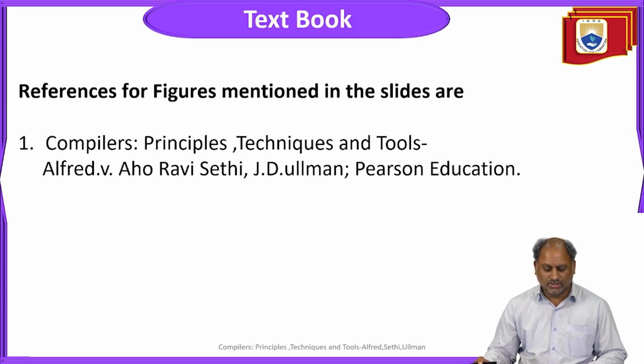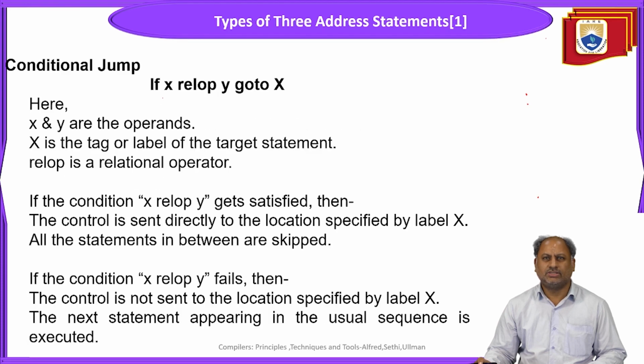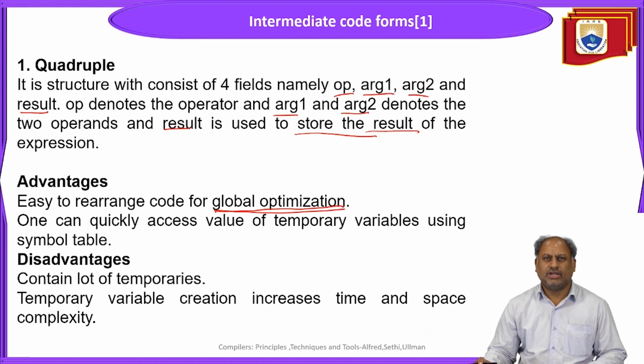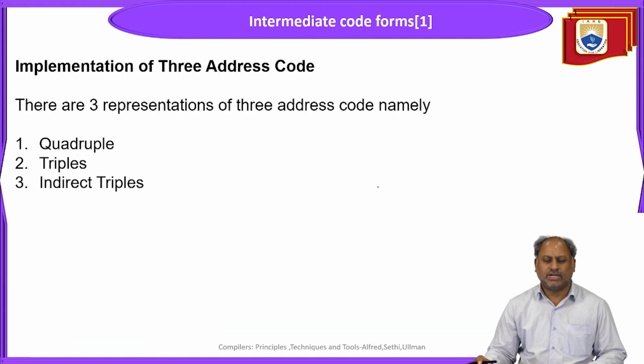Here, all the contents are considered from this book, Compilers: Principles, Techniques and Tools by Alfred Aho and Ullman. Today we have discussed the concept called three-address code notation, which has three representations: quadruple representation, triple representation, and indirect triple representation.